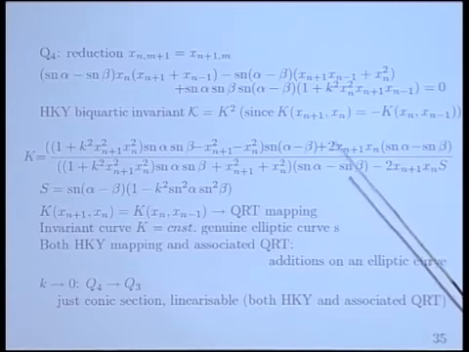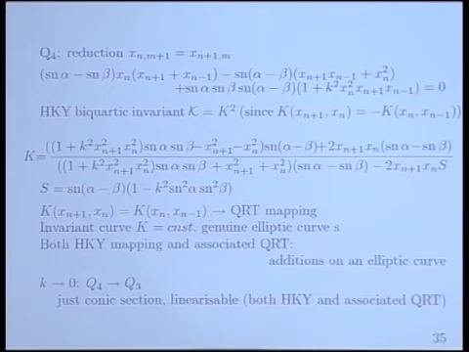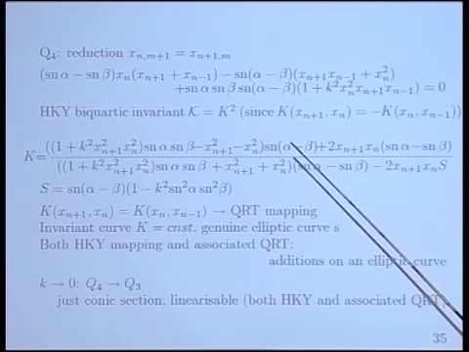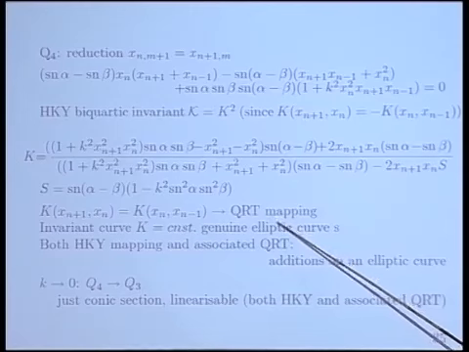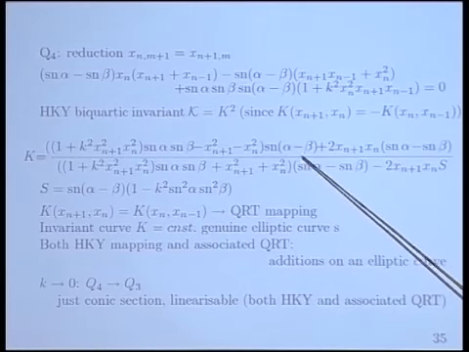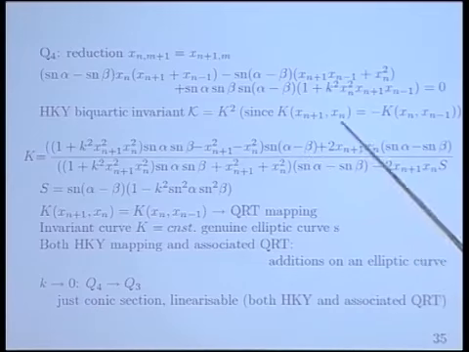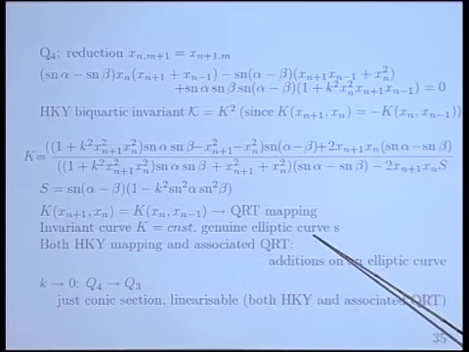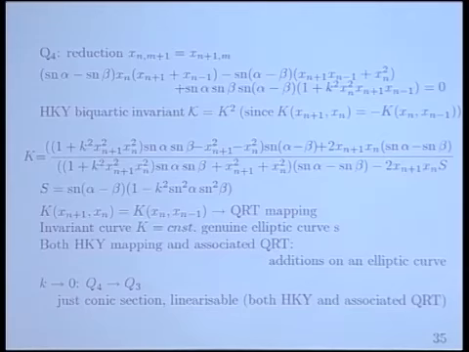So again, in order to understand what's going on, we are going to study what is the QRT mapping obtained by asking for this invariant to be constant, not to change sign. And in that case, you find that the invariant curve is a genuine elliptic curve, not like in the case of Q3.